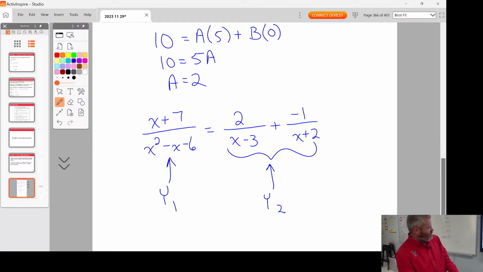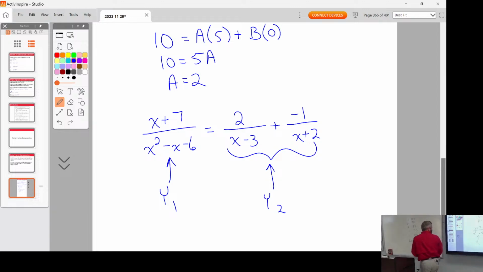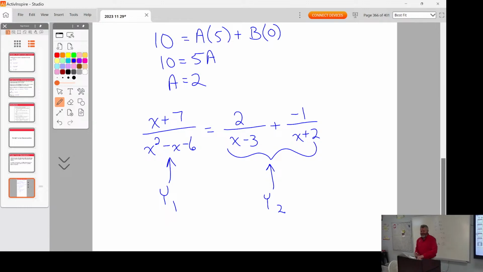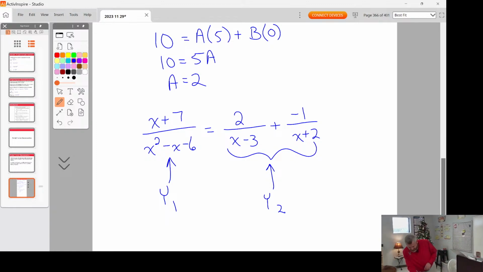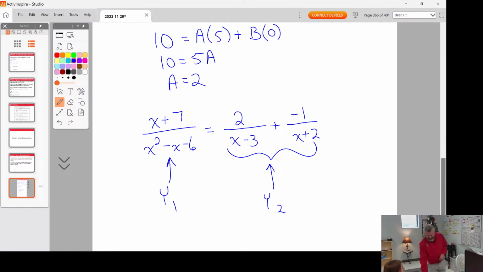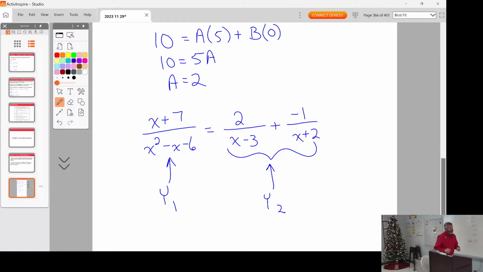The first equation's wrong: it's x plus 7 over x squared minus x plus. This is too long. Okay. Just check. I hope so. Or did something go wrong? All right, moving on.